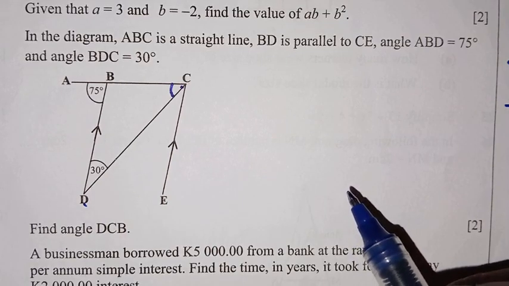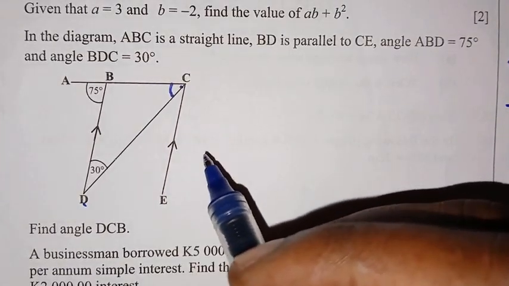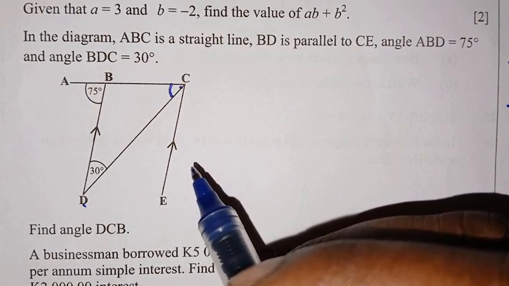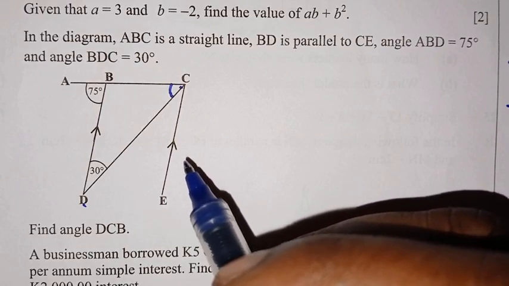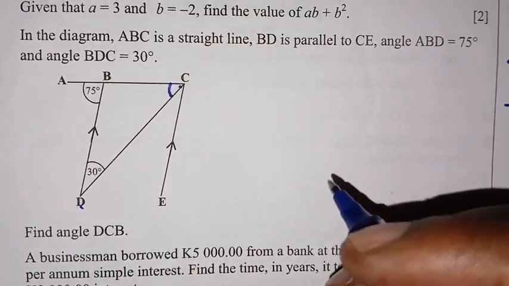All right, so what we first of all need to know is the number of methods that we can use. There are actually 2 methods that I have thought of that we can easily use here. So maybe I should present both methods to you.